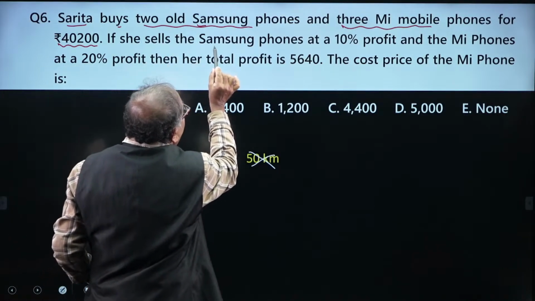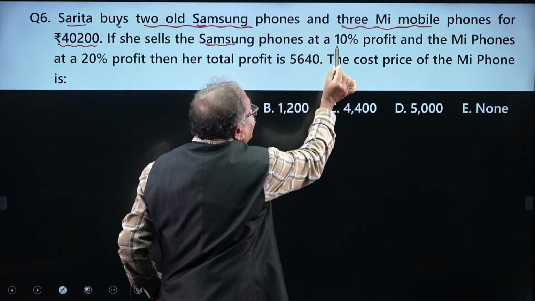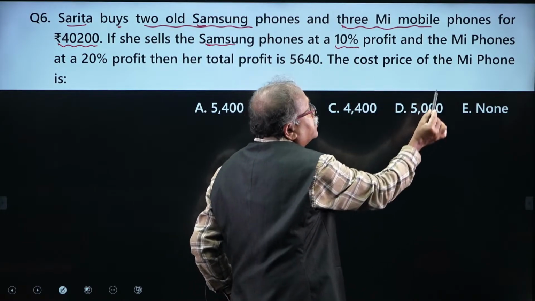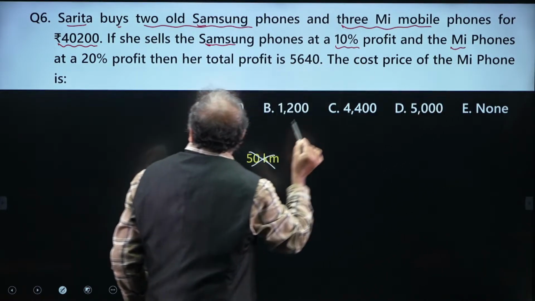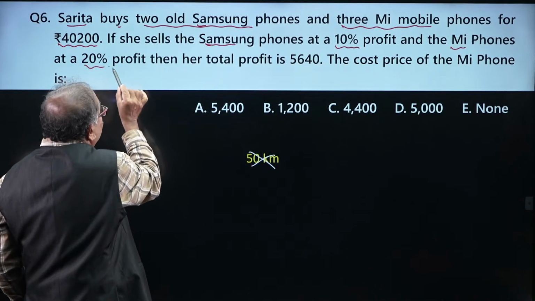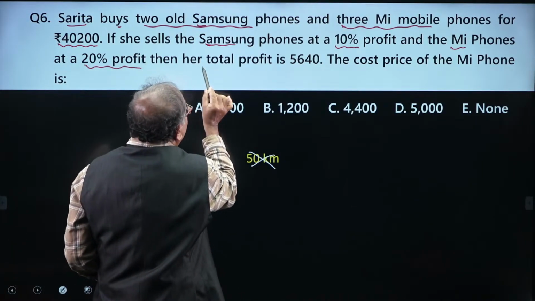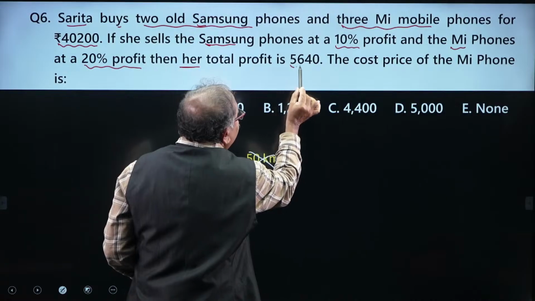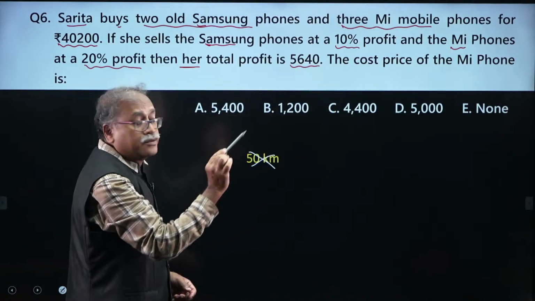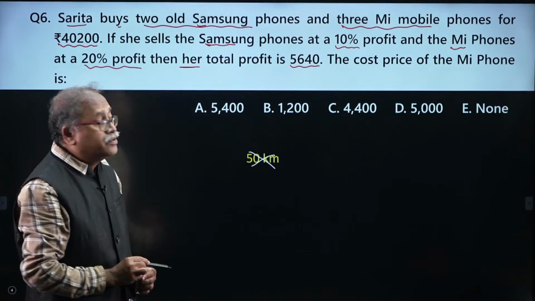He sells the Samsung phone at 10% profit and MI at higher profit, 20% profit. Okay. Then the total profit is 5640.